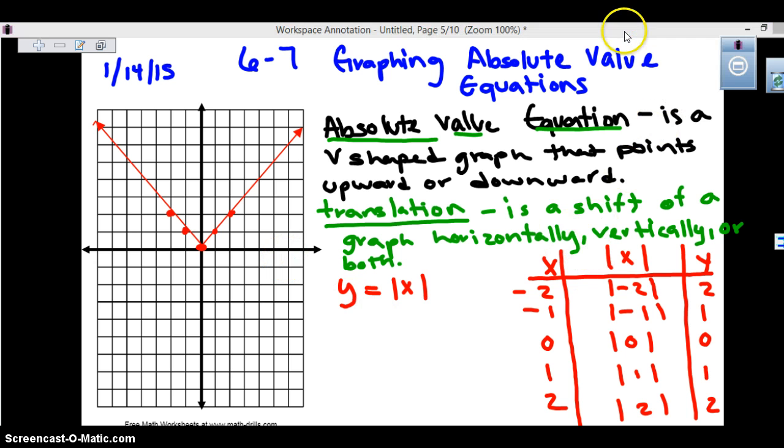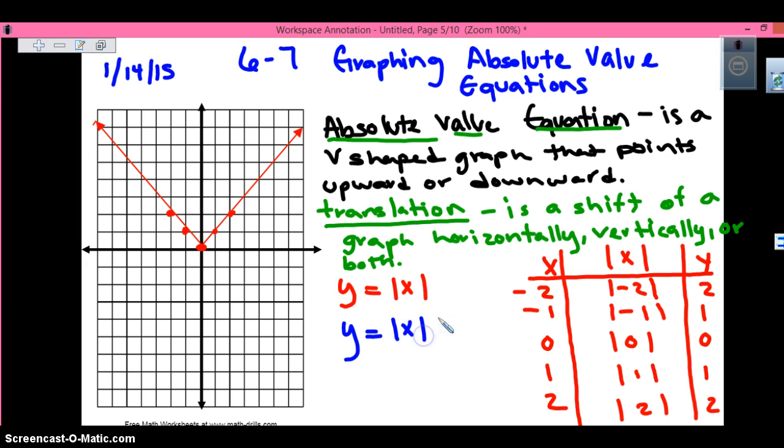So today we're going to be graphing absolute value equations. We're going to use translation to graph these. So let's say we have to graph y equals the absolute value of x plus 3.